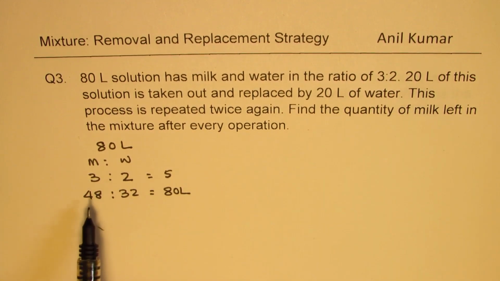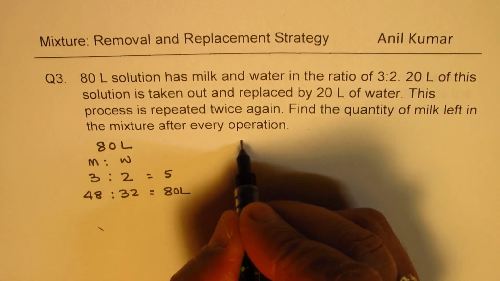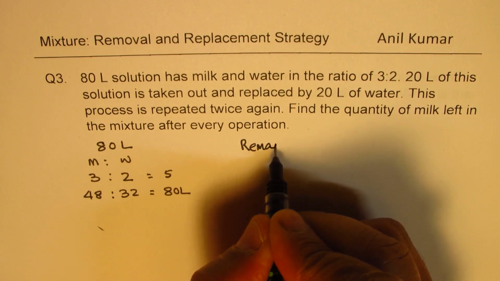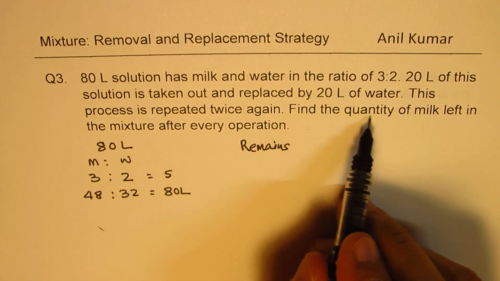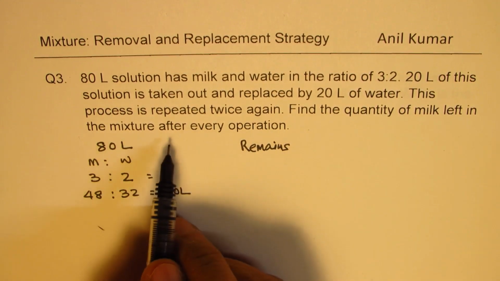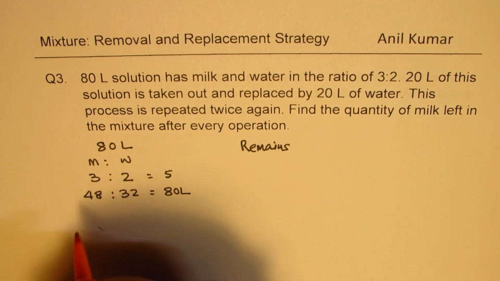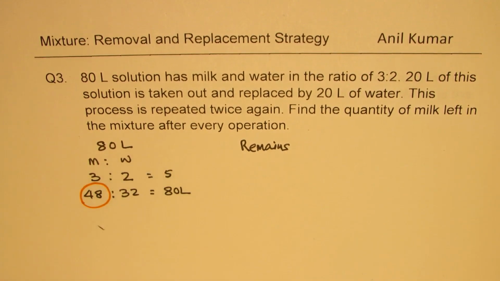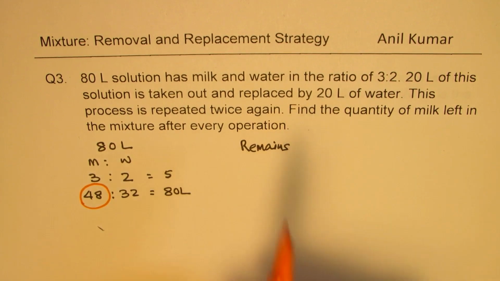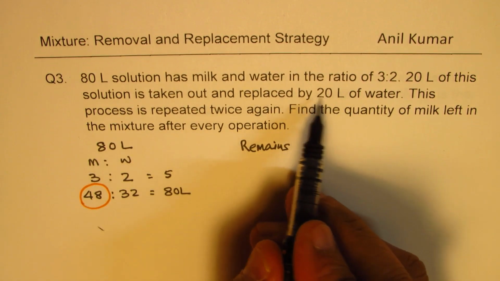Now we can apply the formula, what remains. Find the quantity of milk left in the mixture after every operation. You are starting with 48, this is your starting value. How much are you removing? 20 liters.